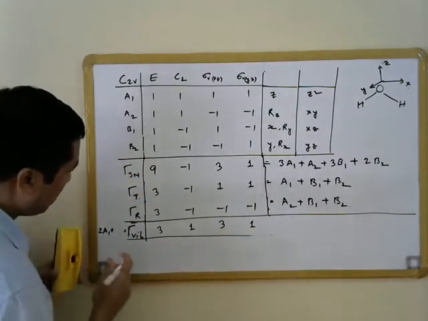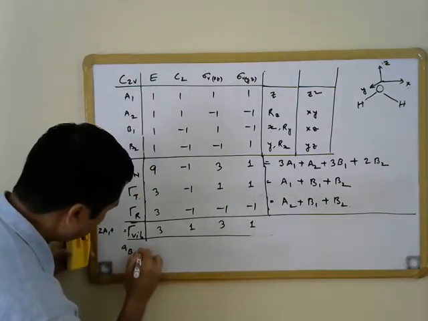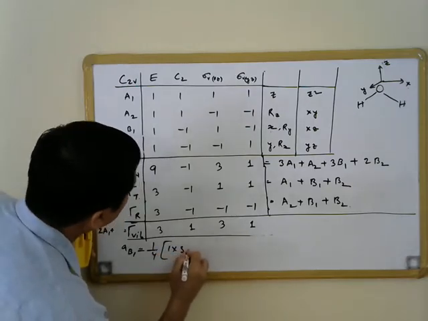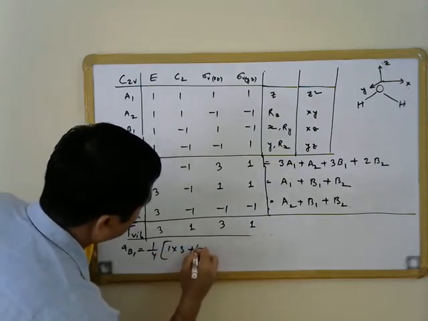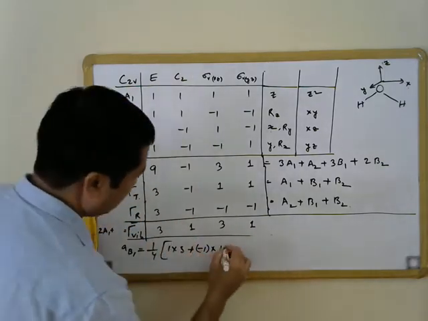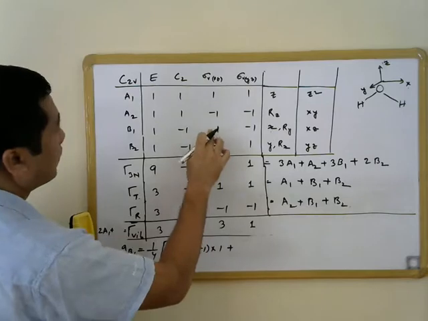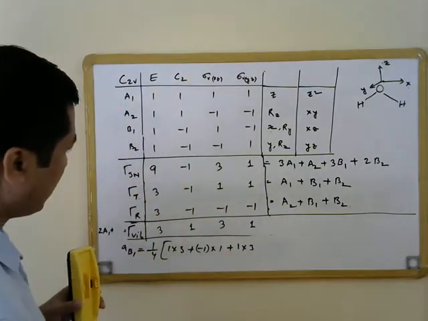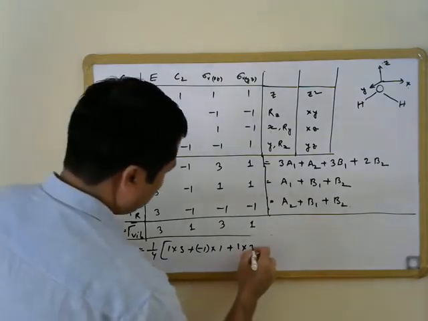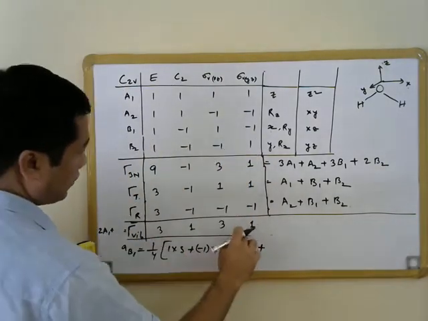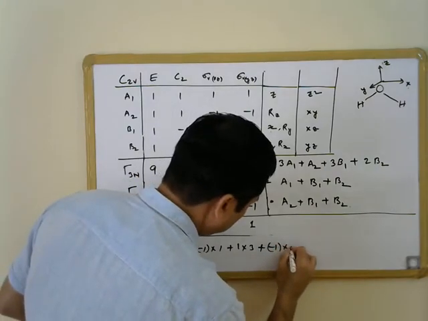So then, for B1: minus 1 into plus 1, plus 1 into 3, 1 into 3, plus minus 1 into 1, minus 1 into 1.